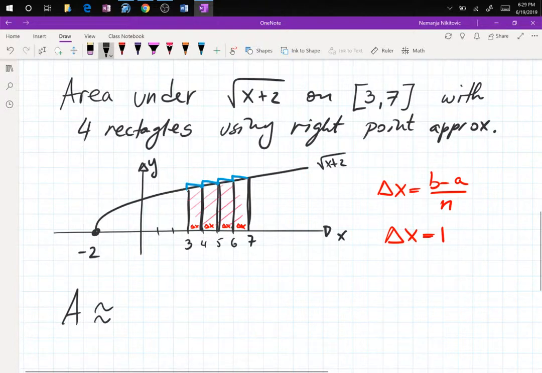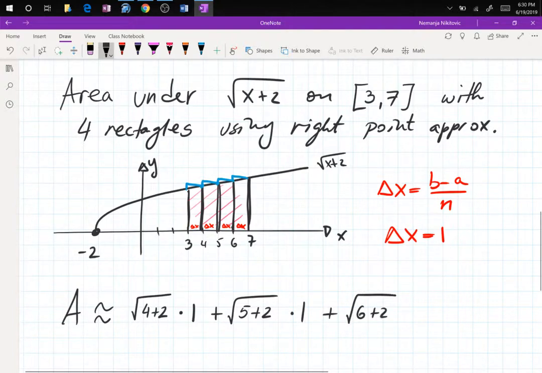So what's the first rectangle? First rectangle is square root of 4 plus 2 times 1, or you can say 1 times square root, whatever. Plus square root of 5 plus 2 times 1, plus square root of 6 plus 2 times 1, plus square root of 7 plus 2 times 1.